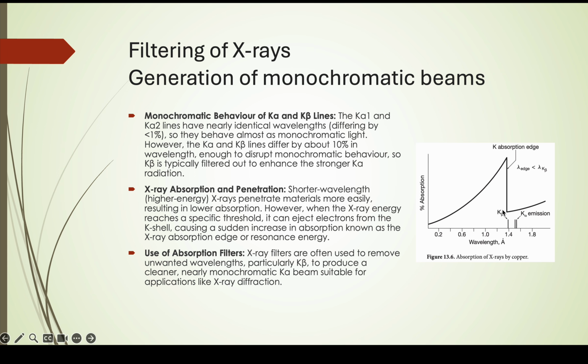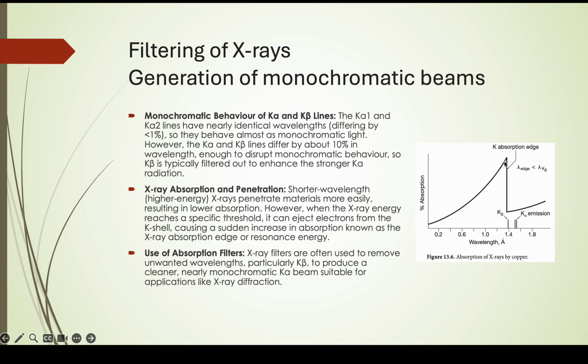I can show it with the help of a graph. Here, the graph shows wavelength against absorption. As we decrease the wavelength, the energy increases, so there is less absorption taking place. At a certain threshold, there is a sudden increase in absorption, and this is called the K absorption edge.